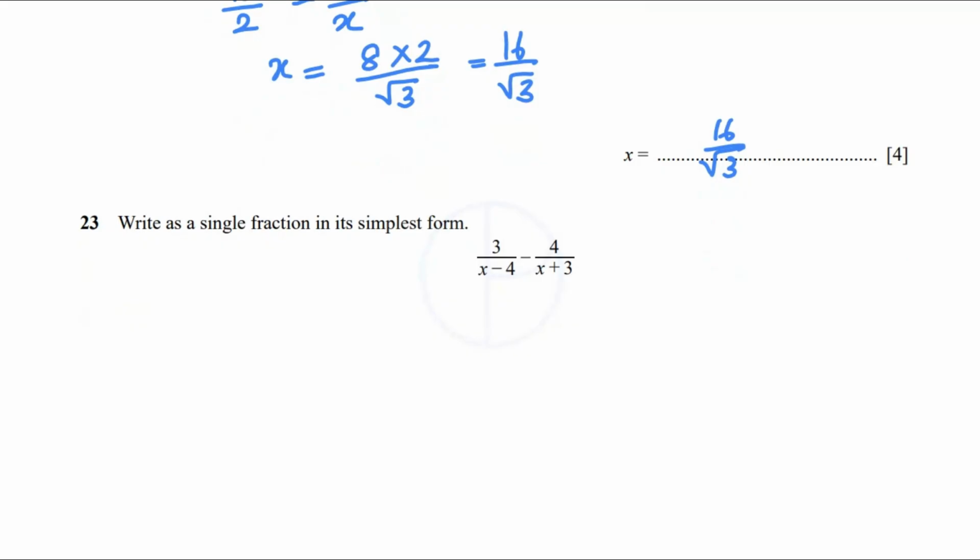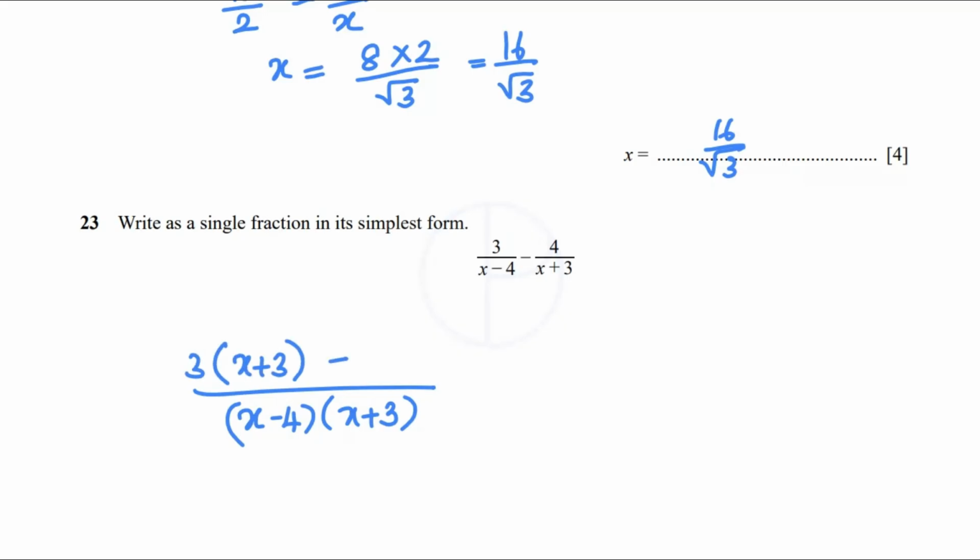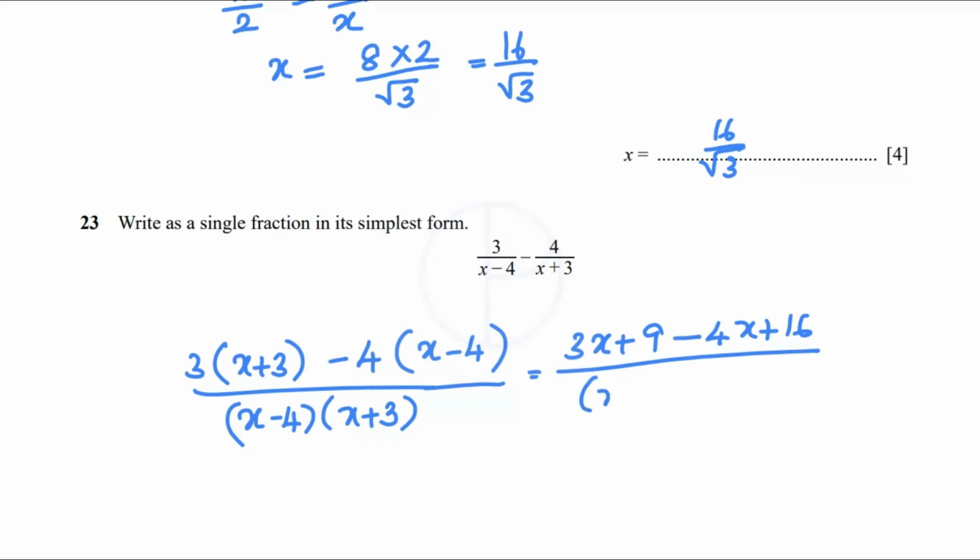Next question is write as a single fraction in its simplest form. Take the common denominator as (x minus 4) multiplied by (x plus 3). Multiply 3 by (x plus 3), minus 4 multiplied by (x minus 4). Now let's expand the bracket. We get 3x plus 9 minus 4x plus 16 divided by (x minus 4) times (x plus 3).